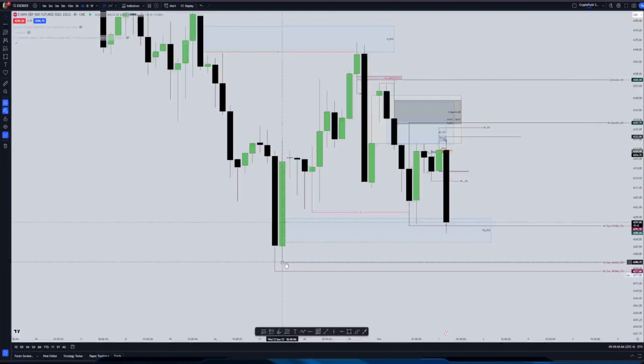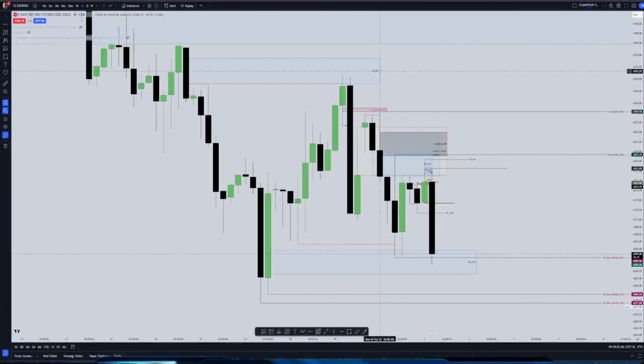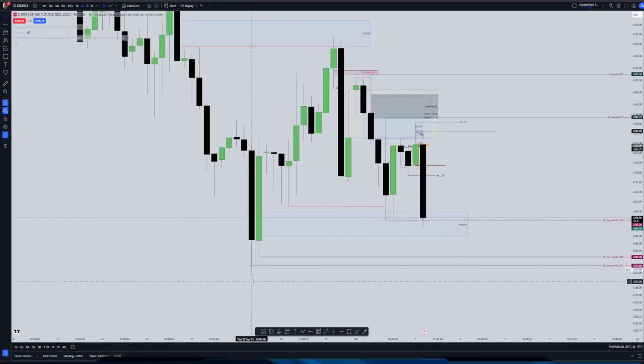Now this should be the next target. It didn't do it. It went to a point of interest, grabbed that liquidity from here. Now price is coming for whatever due was there. It's now going that way to fix up those dues. It's now delivering that.